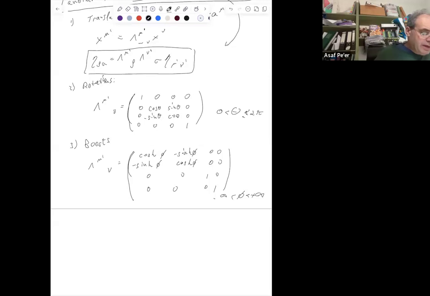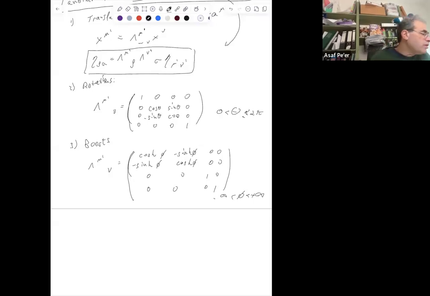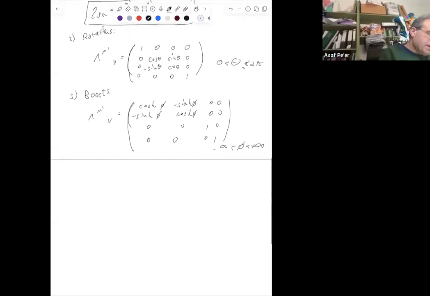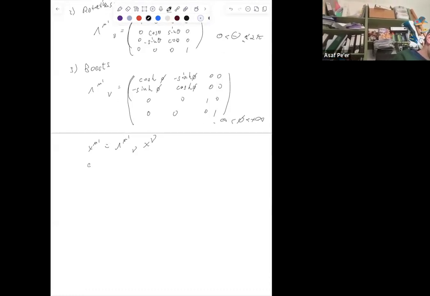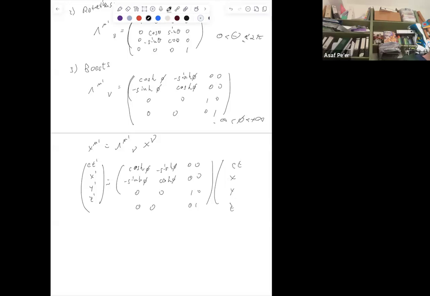And I showed you that although this is very abstract, it in fact coincides with what you know. If I just write down x mu prime is equal to lambda mu prime nu x nu, so ct prime, x prime, y prime, z prime is equal to the boost matrix with cosine hyperbolicus phi, minus sine hyperbolicus phi, acting on ct, x, y, z.